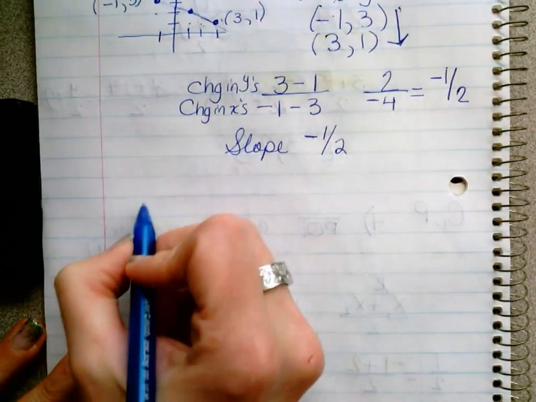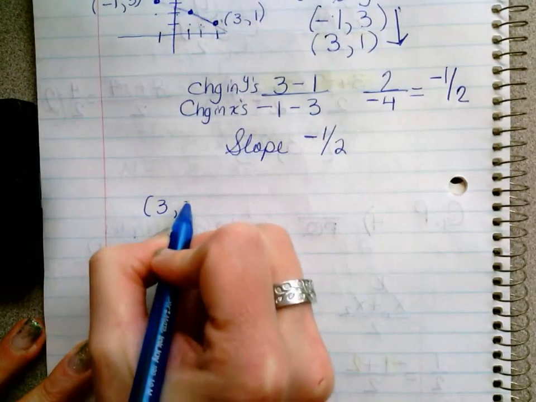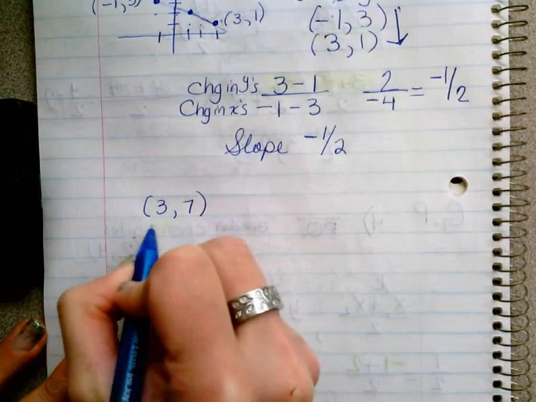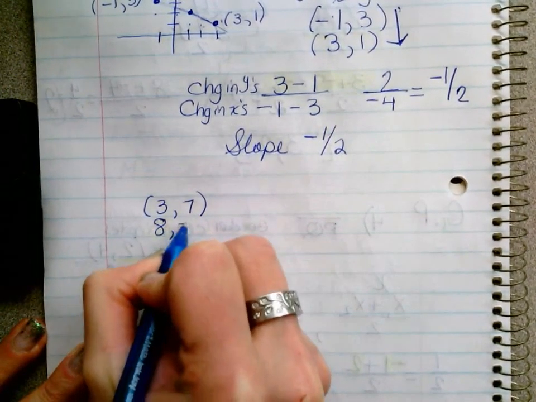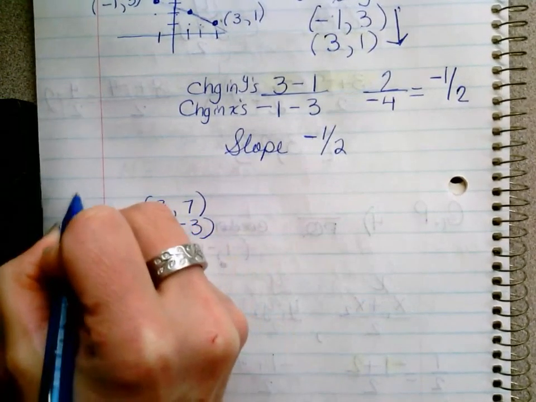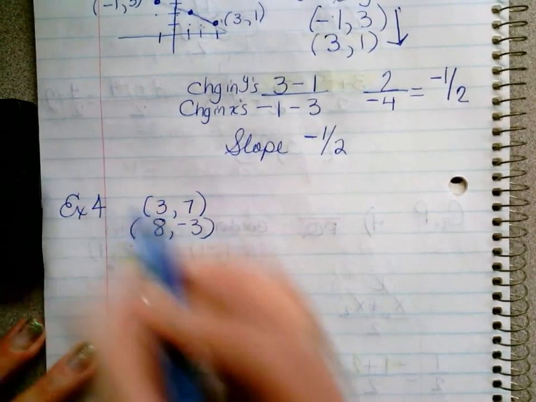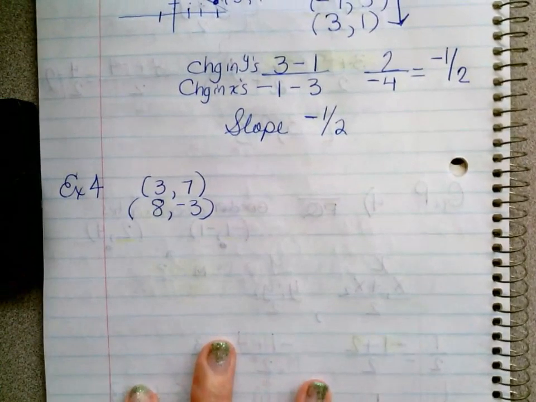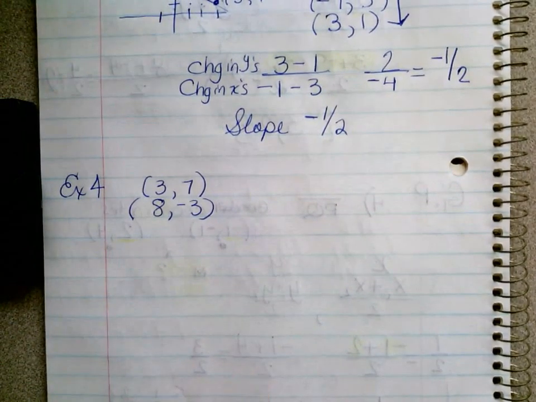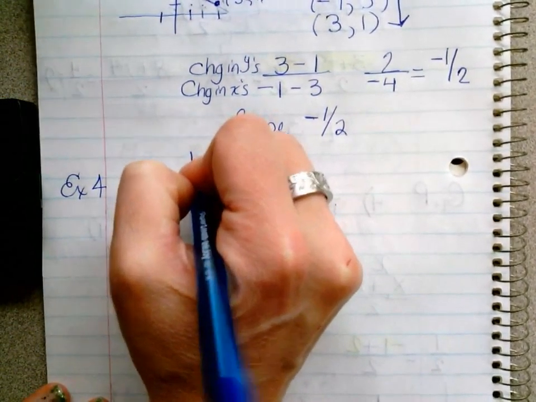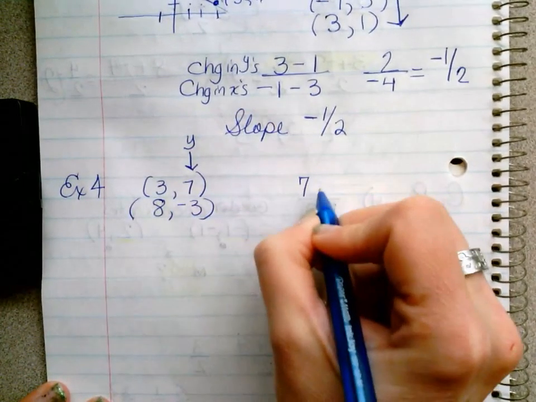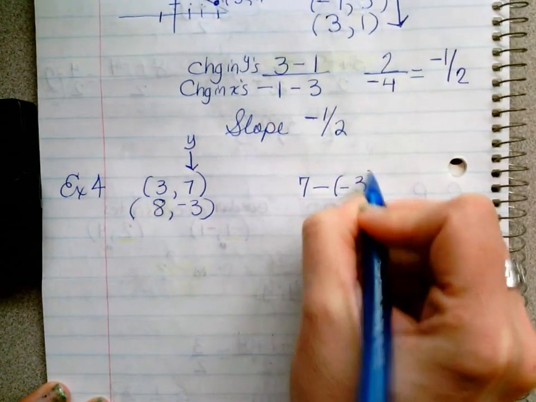Okay, this was mine. Let's use their sample. Find the slope of a line that passes through 3, 7, and 8, negative 3. I kind of like to stack them because that's just how I do it. I don't care how you do it. You do it whatever way is fitting for you. The change in y, 7 minus a negative 3.